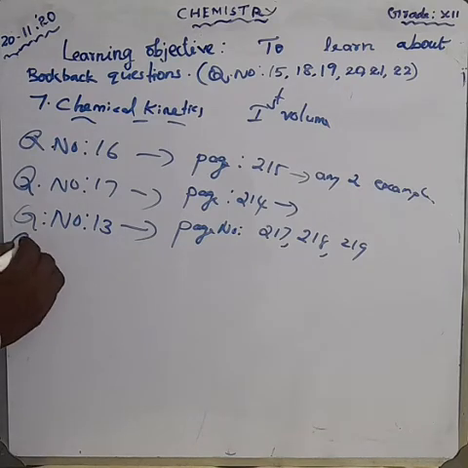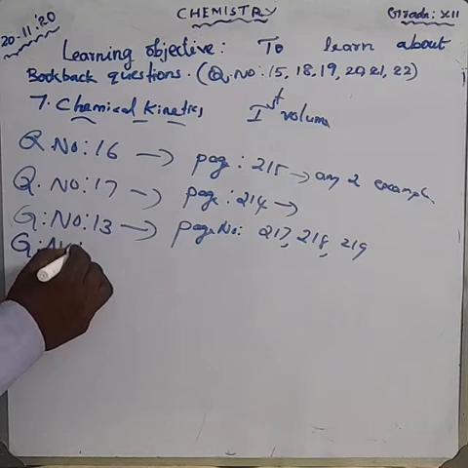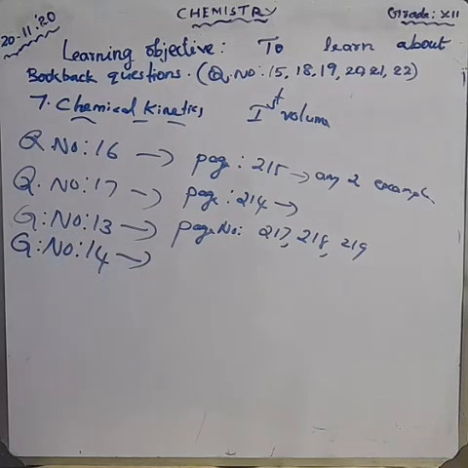Next, about the 14th question, question number 40. Write Arrhenius equation and explain the terms involved. That's a 2-mark question. Page number 220, the last having equation: k is equal to A e to the power minus E by RT.